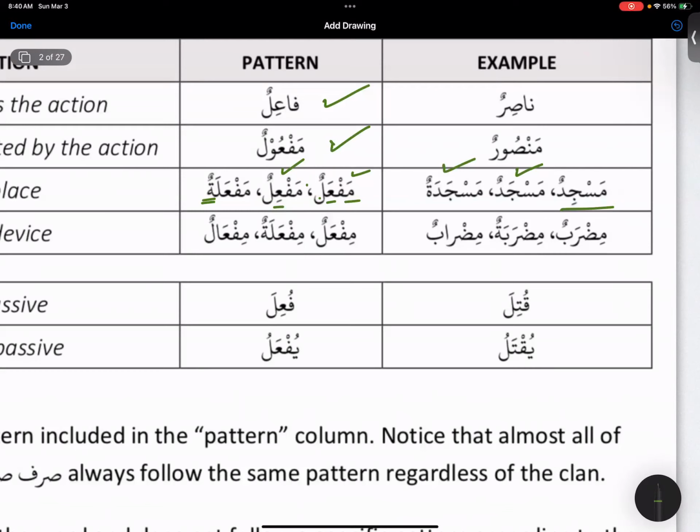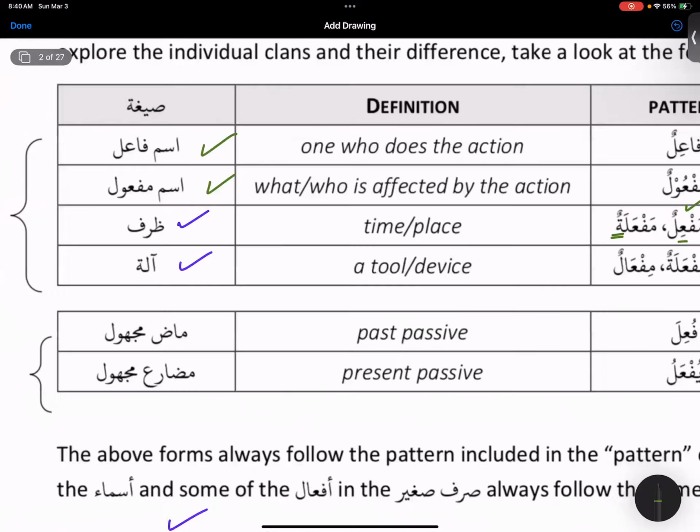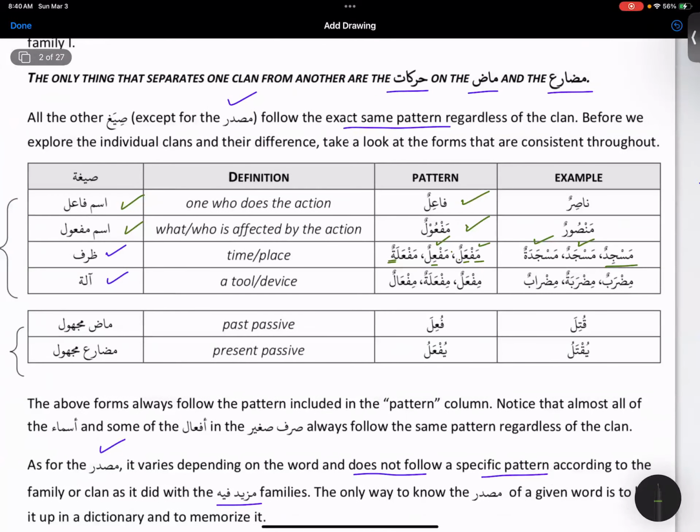So remember that zarf is going to be starting with meme, having a fatha. And then we have ism ala. What is ala? Urdu people must know, right? Ala is basically a tool, right? So we can derive a tool even from this family, right?